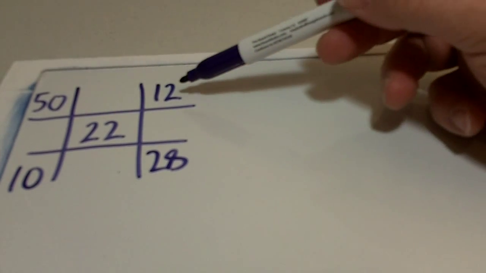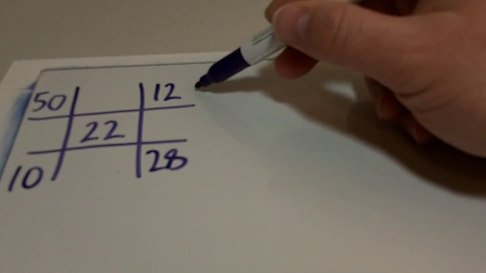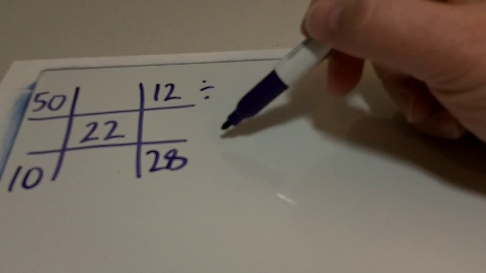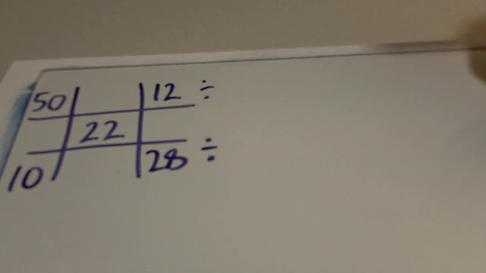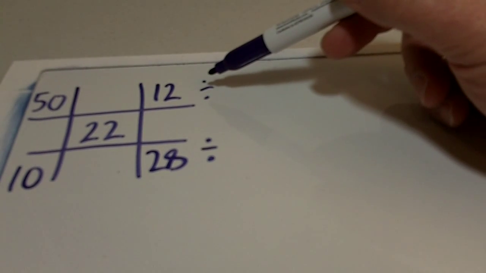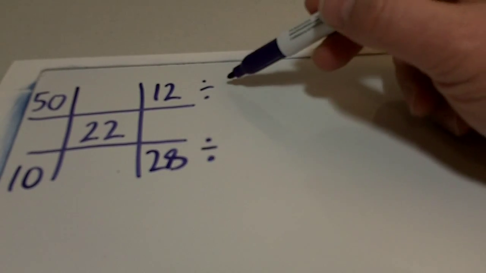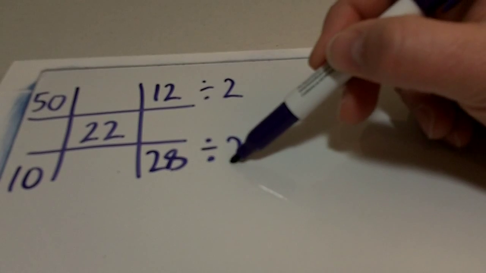So what I've got here is a 12 to 28 ratio. Since both of those numbers are even, I know I can divide by 2 to reduce the ratio. Just like in a fraction, in a ratio, if you do something to one number and do the same exact thing to the other, it's okay. So we're going to divide by 2.